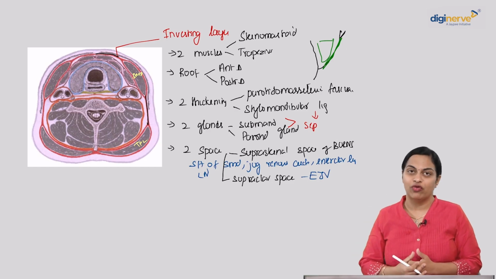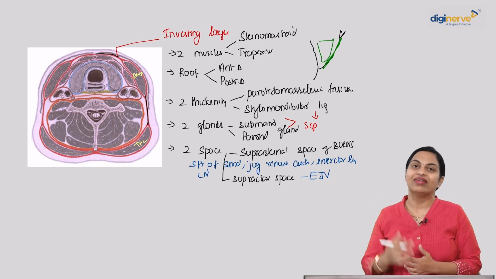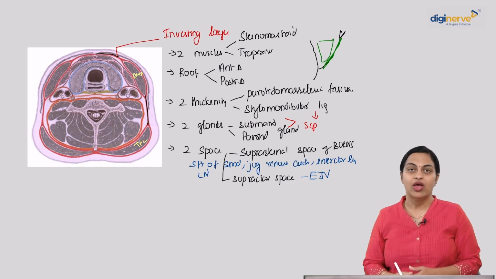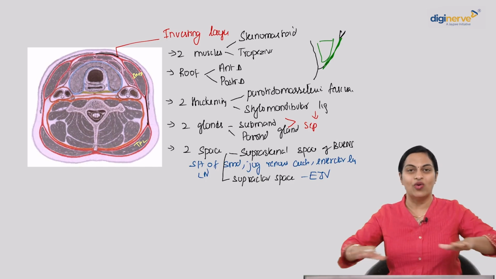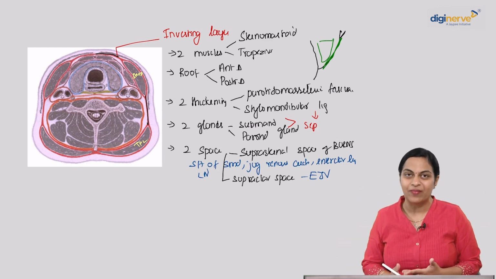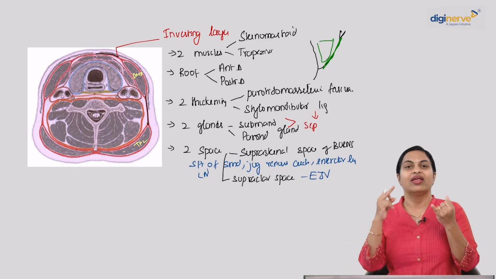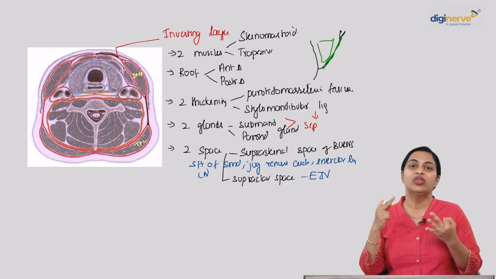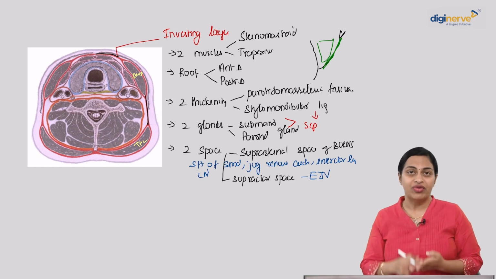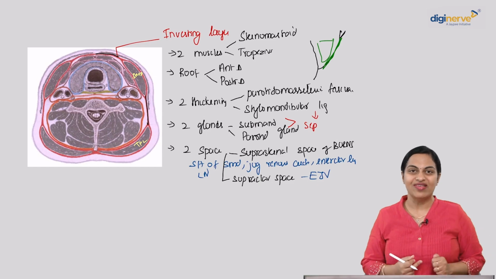So the termination of external jugular vein is related to the supraclavicular space. So you'll be able to identify the investing layer of the deep cervical fascia in a horizontal as well as in a sagittal section, and its modification enclosing two muscles, two glands, two thickenings, roof of two triangles, and two spaces.